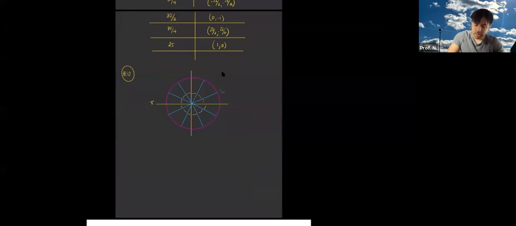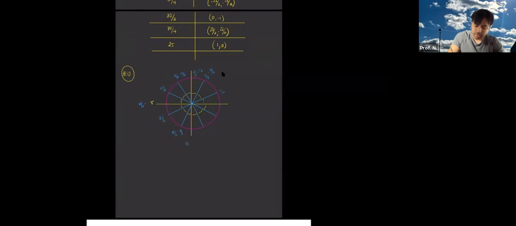So pi over 6, pi over 3, which is 2 pi over 6, right? The equivalent fraction, you guys should be able to recognize that. This is 3 pi over 6, which equals pi over 2. This is 4 pi over 6, which is 2 pi over 3. This is 5 pi over 6. This is 6 pi over 6. This is 7 pi over 6. This is 8 pi over 6, which reduces to 4 pi over 3.